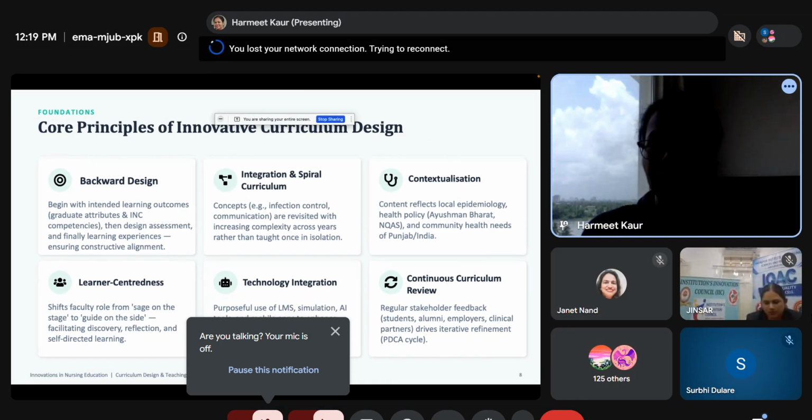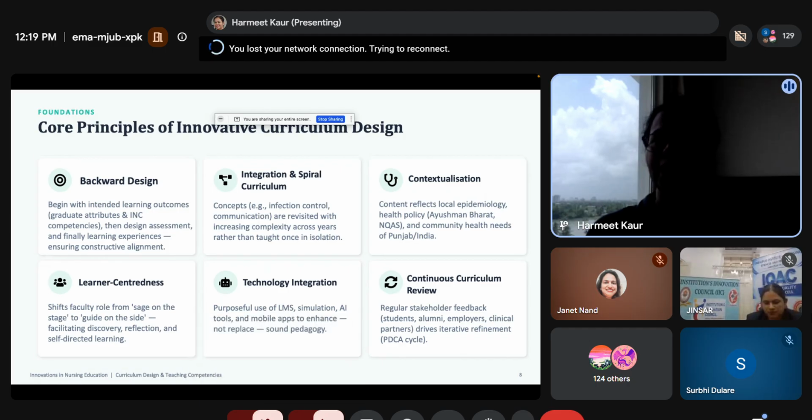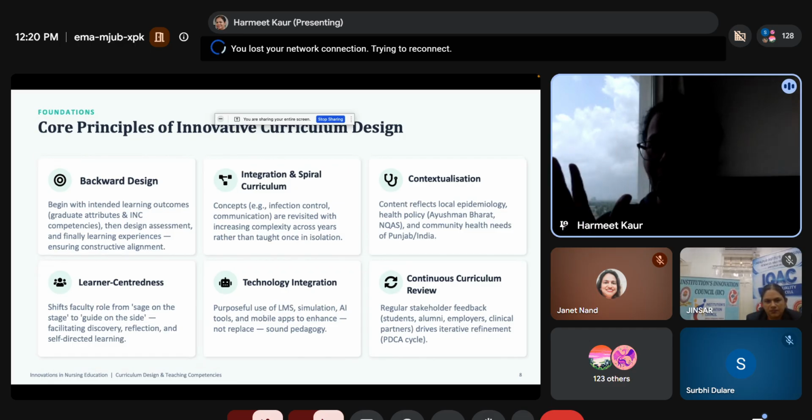Students are taking clinical training, so you take the feedback and try to see where we are lacking, because mostly whenever students go from the institution to the service side, the majority of service side people say that students are not prepared for clinical. Where is the problem? We have to understand. So the PDCA cycle, plan, do, check, and then you have to act, that cycle has to be completed. Take the feedback and refine your curriculum accordingly.